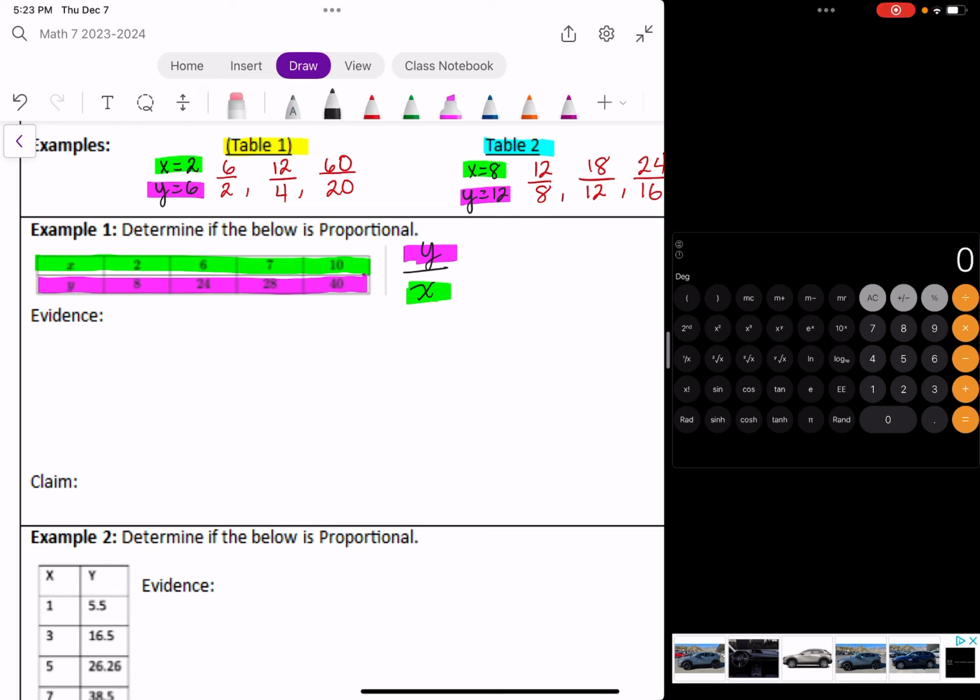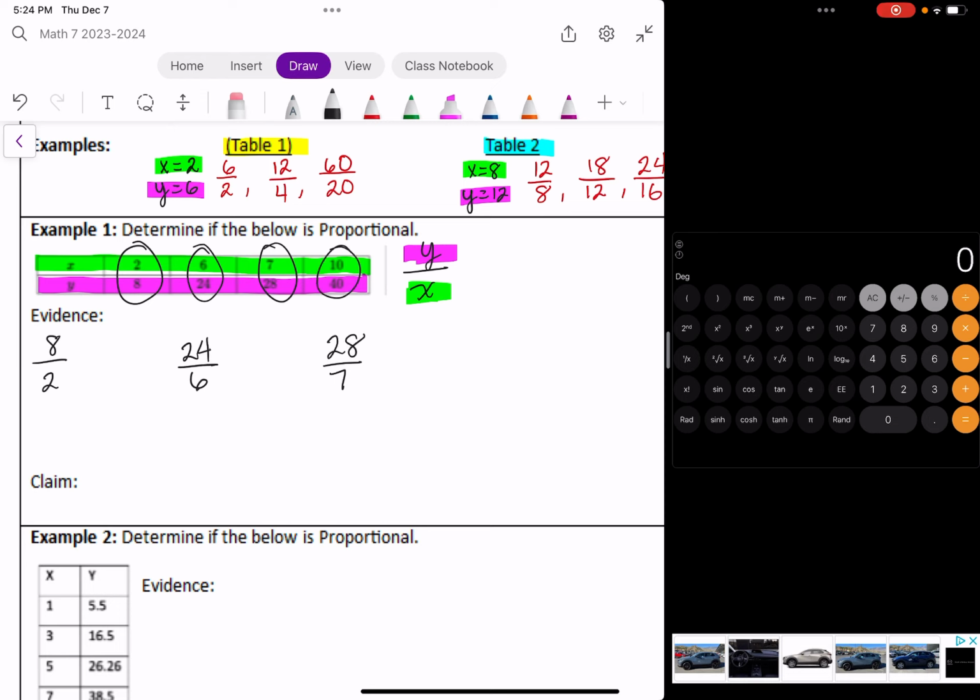Our first pair is 2 and 8. My 8 is my y, so that goes on top, and my 2 is my x, so that goes on the bottom. Let's make our second ratio. Same thing: x equals 6, so 6 goes on the bottom, and y equals 24. Next one is x equals 7, so 7 goes on the bottom, and 28 is our y, so it goes on top.